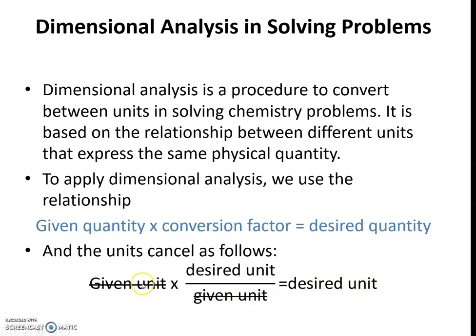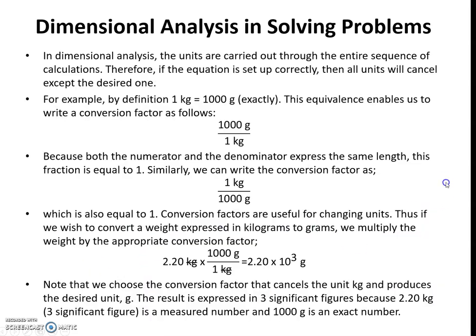Meaning that the given unit and given unit here can be slashed out to obtain the desired unit. In dimensional analysis, the units are carried through the entire sequence of calculation. Therefore, if the equation is set up correctly, then all units will cancel except the desired one.